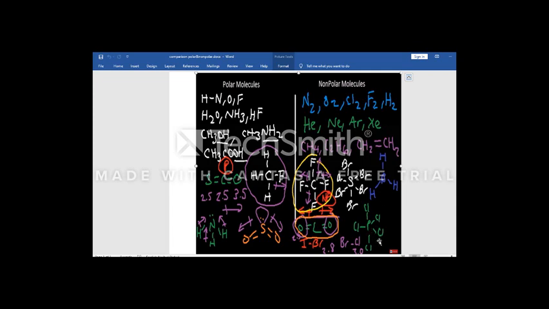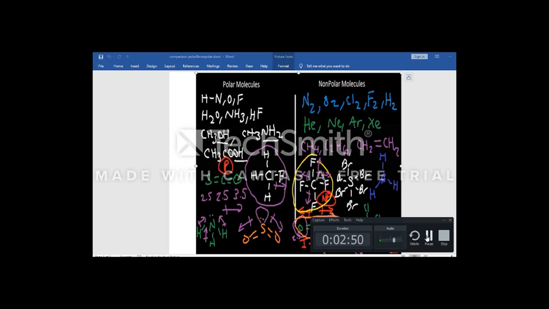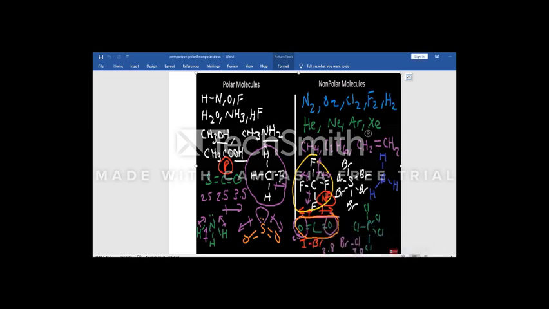BCl5 is also polar. CO2, oh yes, it's nonpolar because CO is against the other CO. Okay, this is a nonpolar compound as we see. Let's discuss the polar molecules.